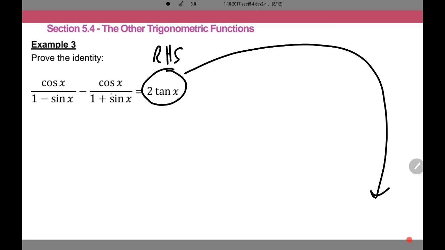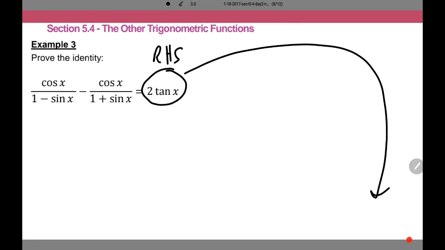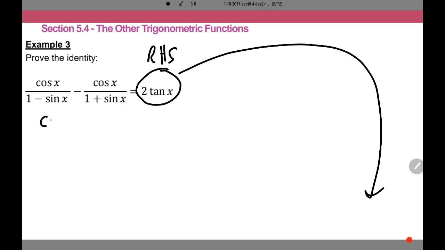So that means to get a common denominator, I pretty much have to take 1 plus sine of x over 1 plus sine of x times the first fraction, and do the exact same thing with the second one. So this one gets a little ugly really fast. We've got cosine of x over 1 minus sine of x, and then that's going to be times 1 plus sine of x over 1 plus sine of x.